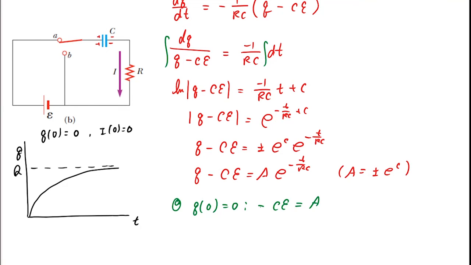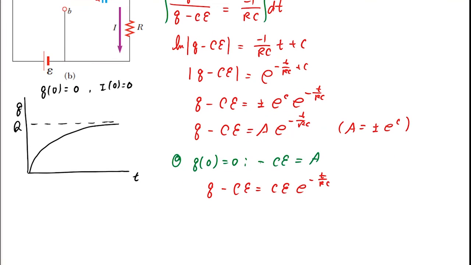So we have Q minus CE is equal to negative CE e to the negative t over RC. Good. Bring it over, common factor, so Q as a function of t is equal to CE times 1 minus e to the negative t over RC. How about that?